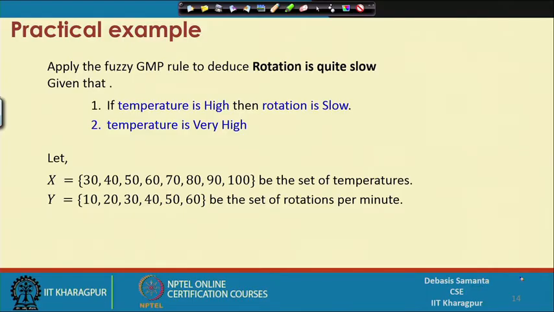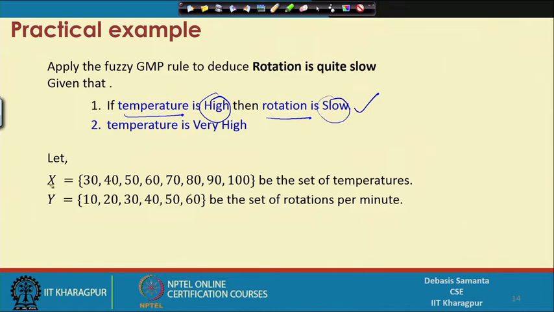It is given the two rules here: if temperature is high and rotation is slow. Now, here this high is basically one fuzzy set and slow is one fuzzy set. This high and slow, the two fuzzy sets, are defined over two discourses. One is the discourse of temperature, another is the discourse regarding the rotation.